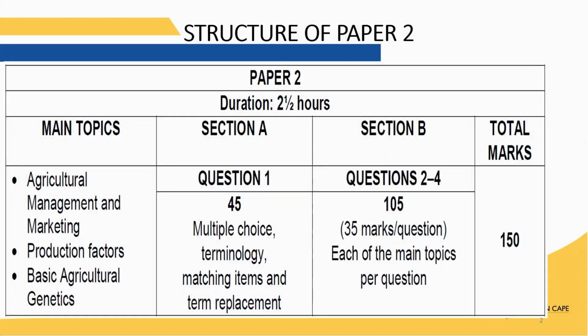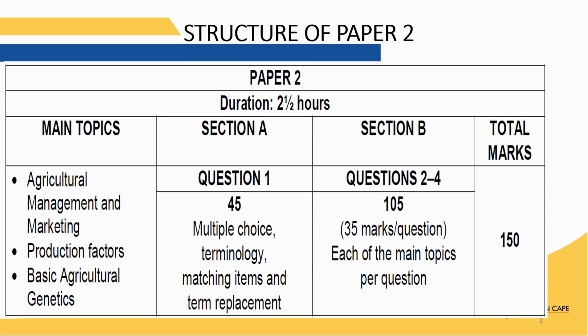Now, firstly, let us look at the structure of the paper, more especially paper 2, because our subject covers paper 1 and paper 2. But today I will be doing the structure of paper 2. The duration of our paper is 2.5 hours.